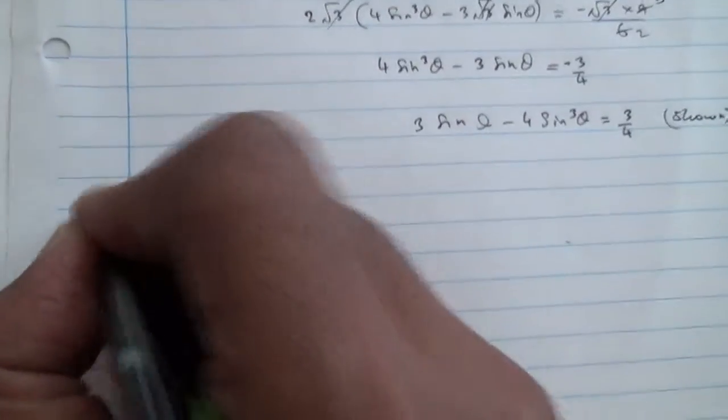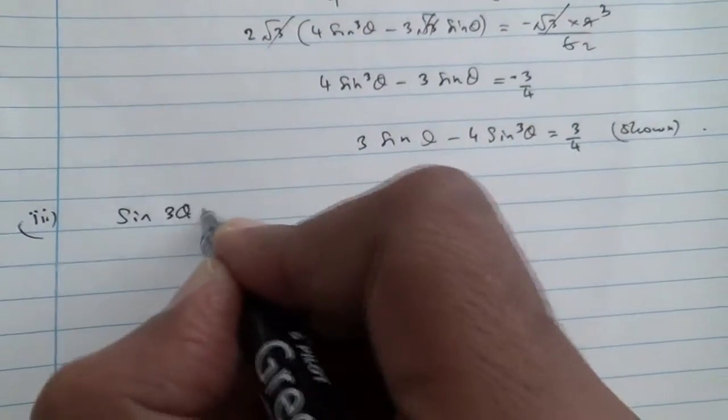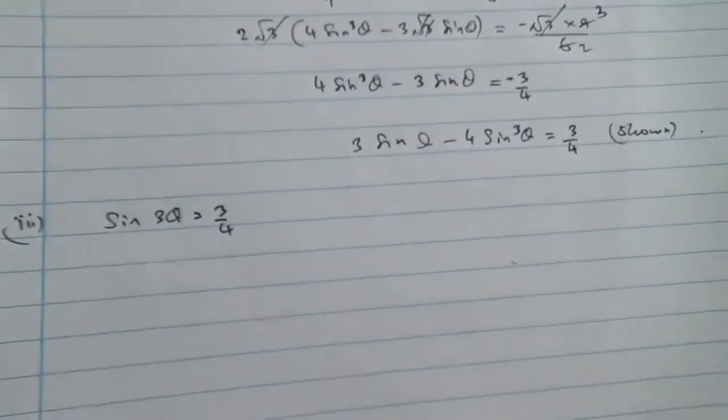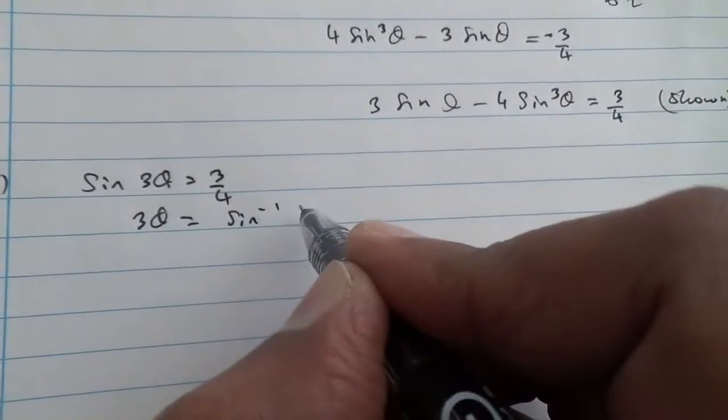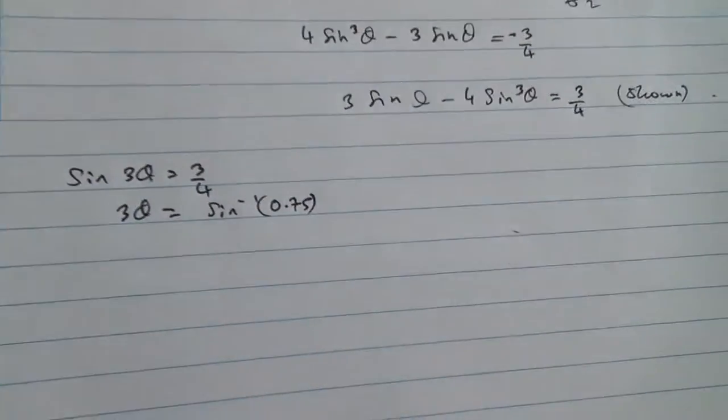So what can we say then? Okay, for the third part, I can say sine 3 theta is equal to 3/4. Therefore, 3 theta is going to be the inverse of sine 0.75, because 3/4 is 0.75.